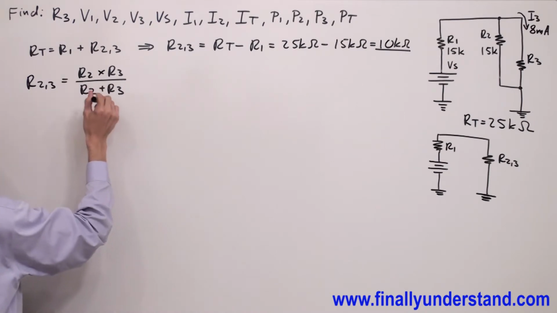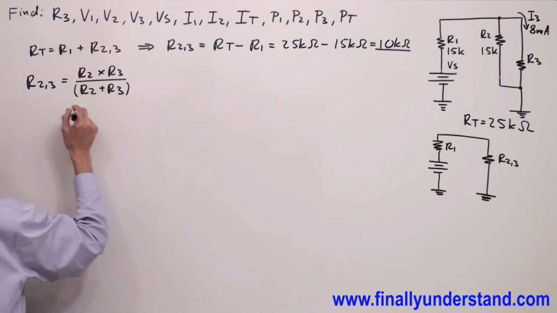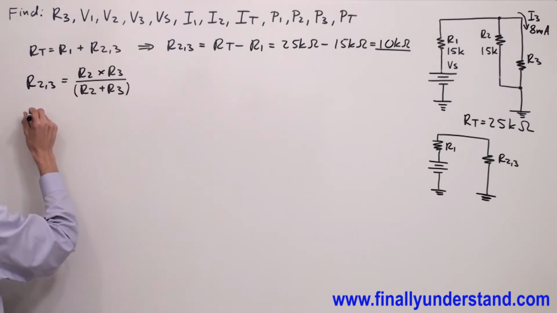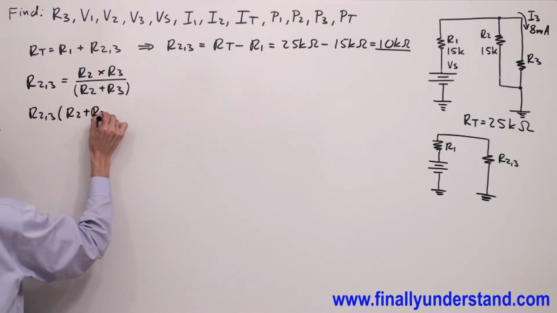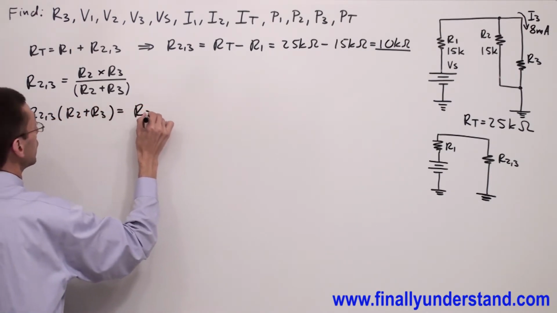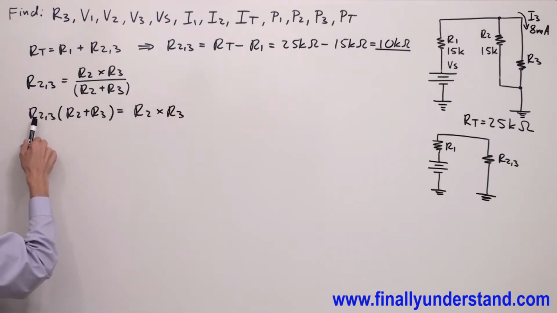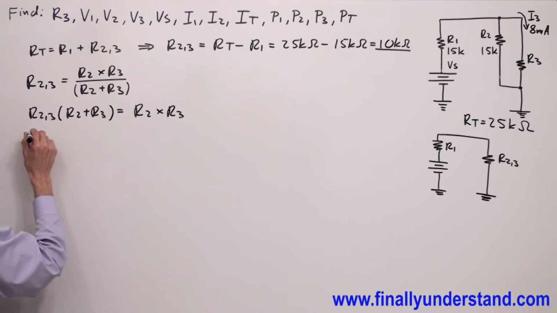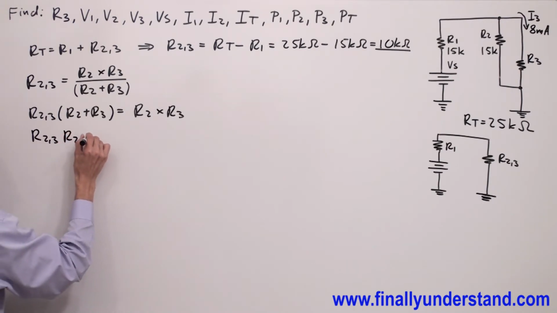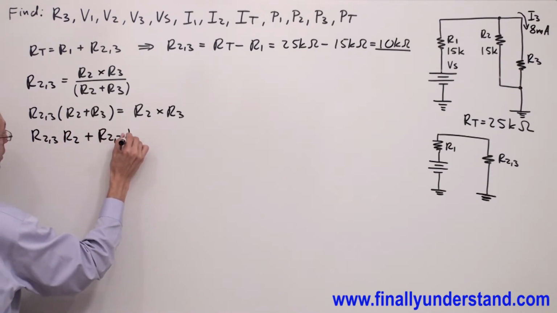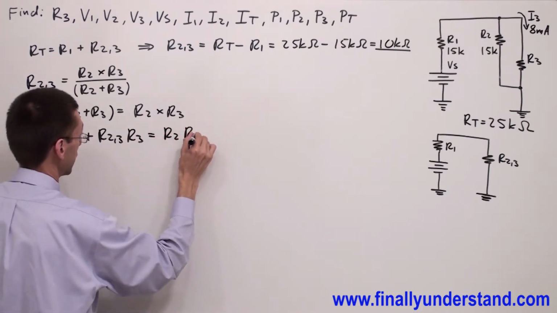So in order to solve this formula for R3, I have to multiply both sides of this formula by the denominator. So I'm going to have R2, 3 times R2 plus R3 is equal R2 times R3. Distribute R2, 3 into the parentheses, so you're going to have R2, 3, R2 plus R2, 3, R3 is equal R2, R3.